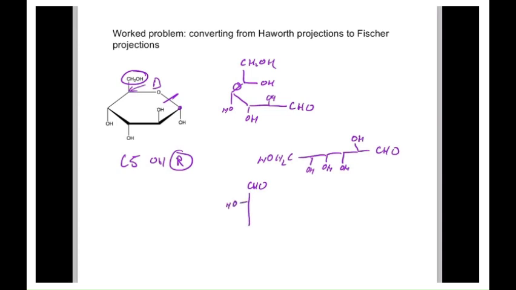So we've got OH, OH, and we can add in the hydrogens there to complete the structure. So that's basically how we convert from a Haworth projection back to a Fischer projection.